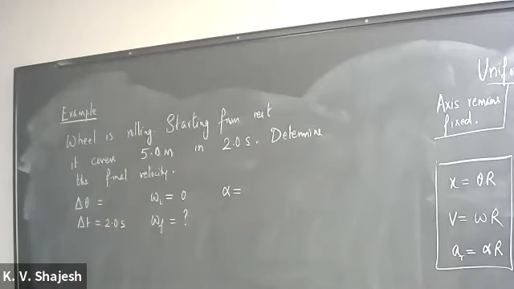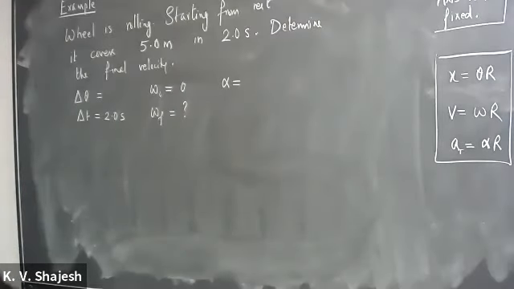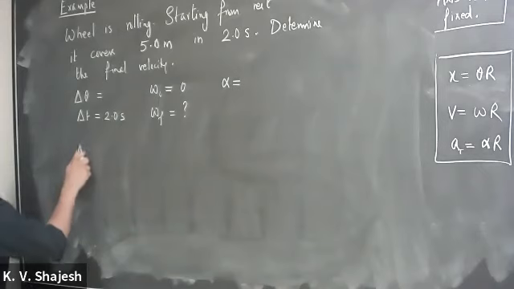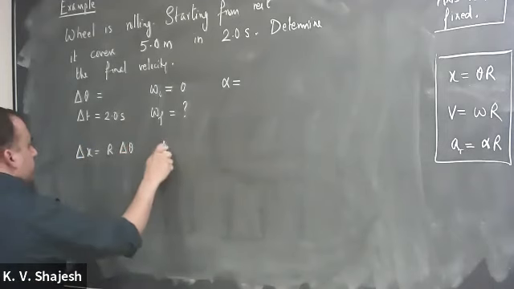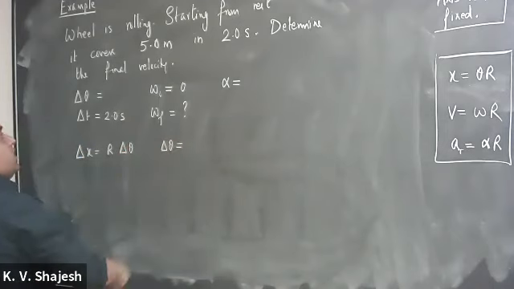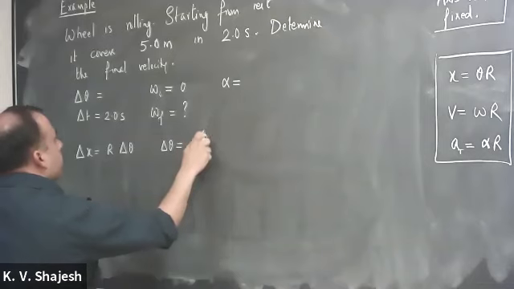It seems like we are given only 2 quantities, but notice that this is distance. Distance means that you can convert it into angles. So the first thing we can do is convert that. Delta x is equal to r times delta theta, so delta theta is equal to delta x, which is 5 meters.